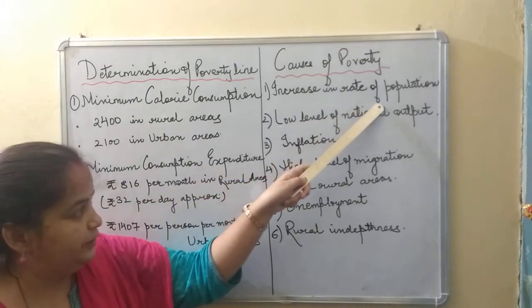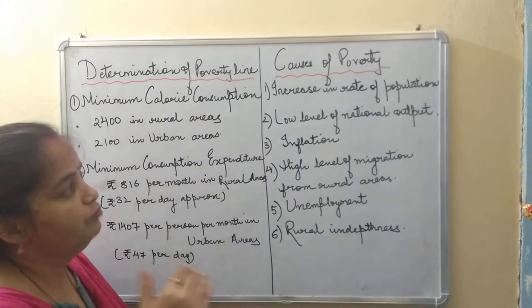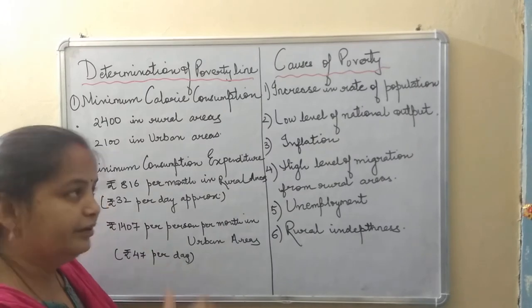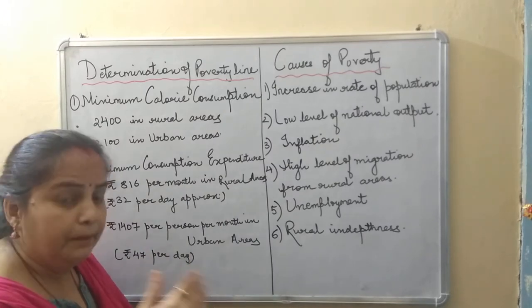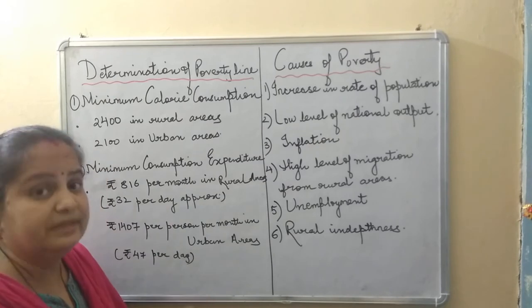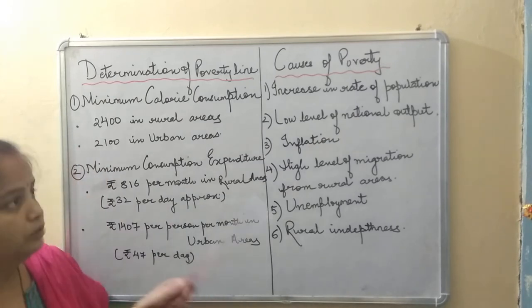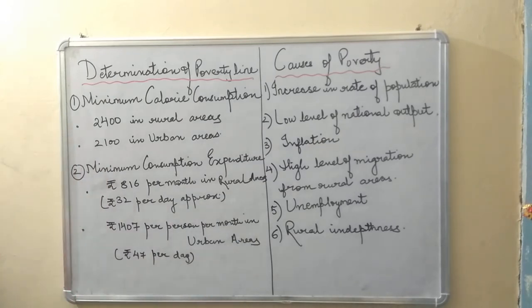rate of population. Now increase in rate of population means what, our country's population is growing, ठीक है, but the growth rate is increasing very fast. मतलब suppose what is the reason behind this, because of poverty only.